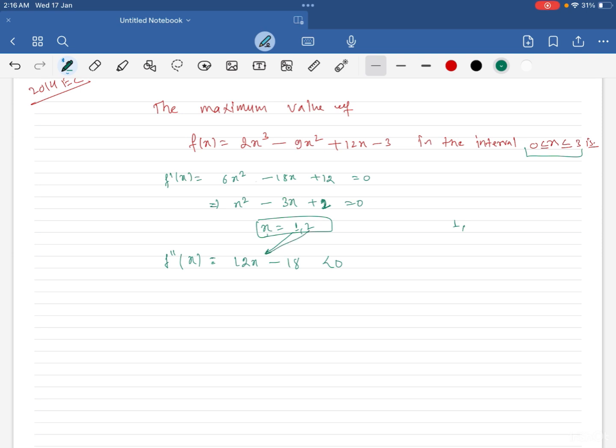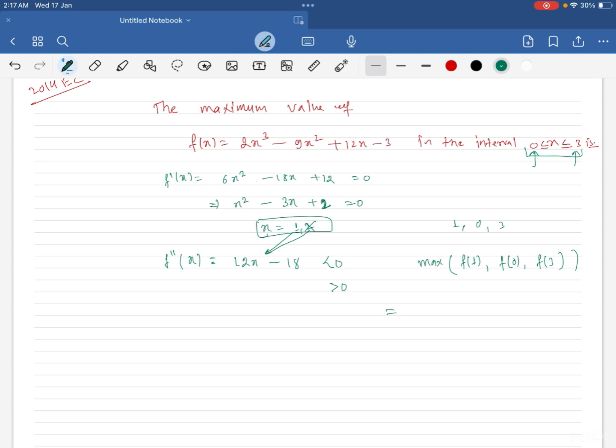Now if we put 2, that would be greater than 0, so that would be the minima point, we can neglect it. Apart from that, we also have to check at the boundaries, that is 0 and 3. We want the maximum value, so check at these points, and whatever maximum you get will be the maximum.